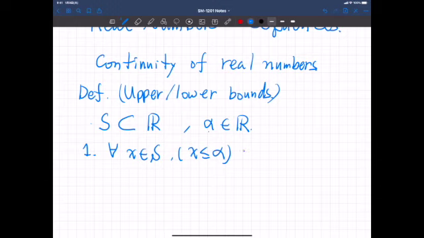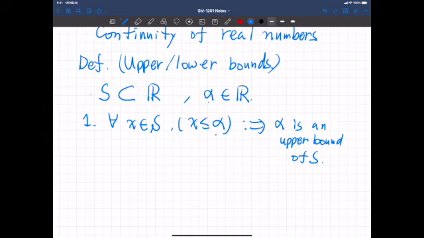Okay, then we say alpha is an upper bound of S. So this means alpha is greater than or equal to any elements of S. So in this case, alpha is an upper bound of S.